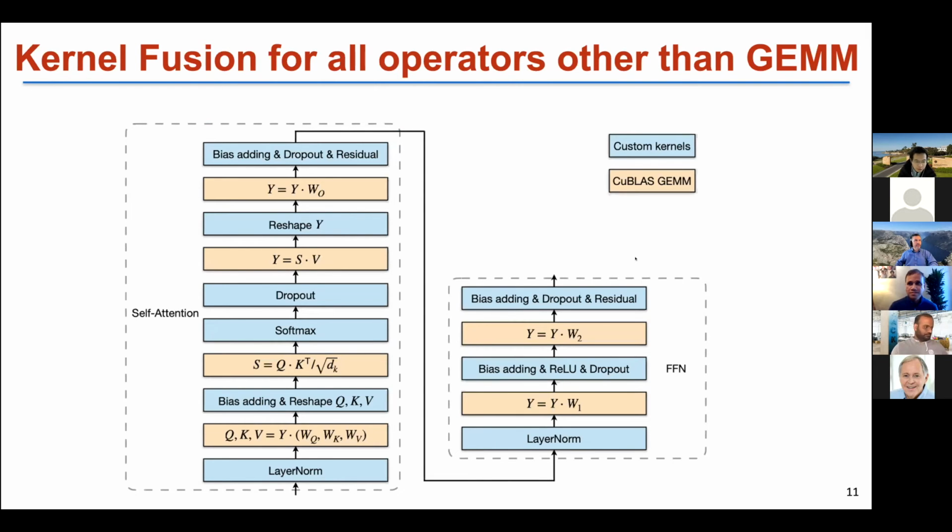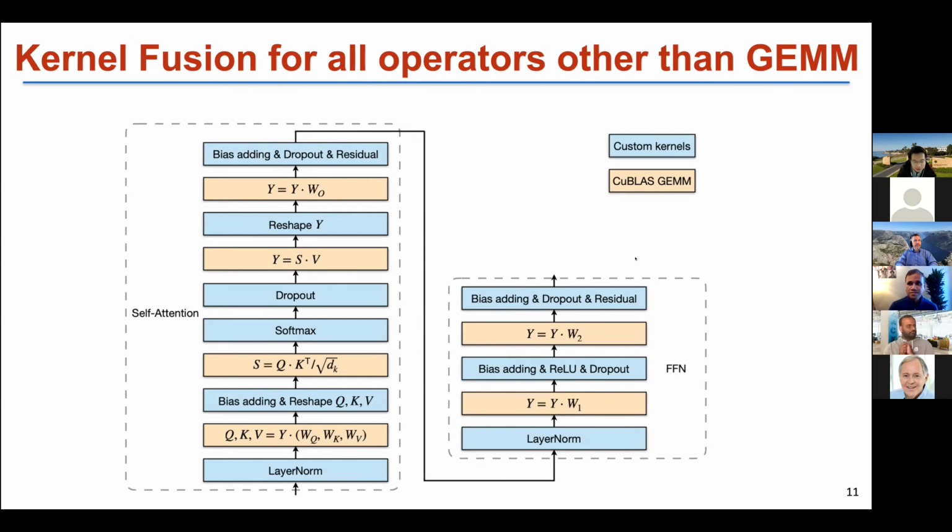There is matrix multiplication, which can be realized by the native CUDA library or cuBLAS, and there are the rest of the operations. One technique we used is to fuse all the operations other than matrix multiplication into just one operation.